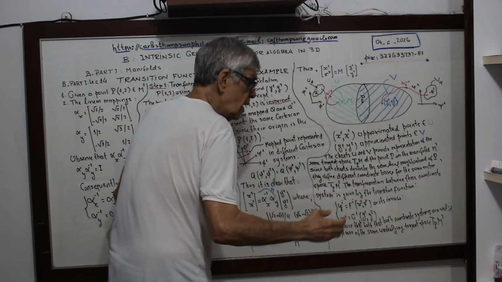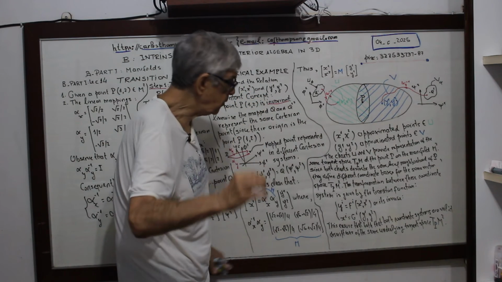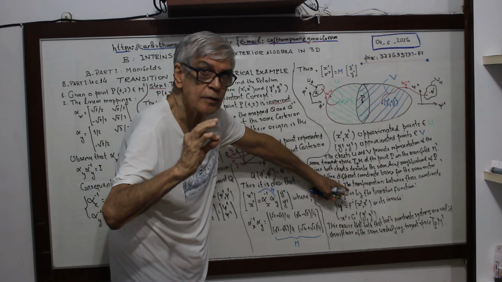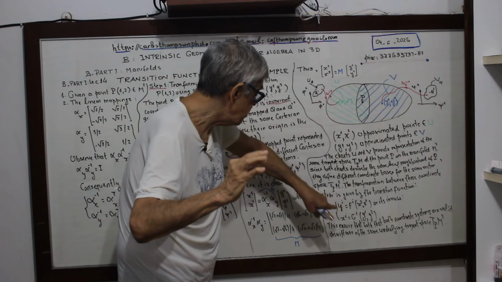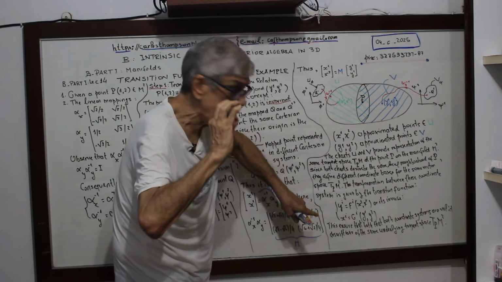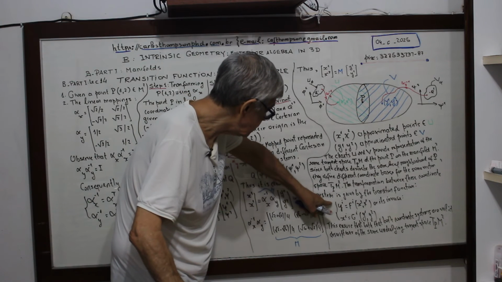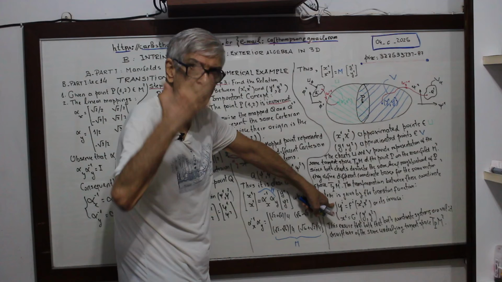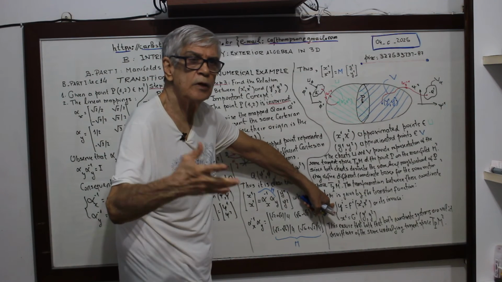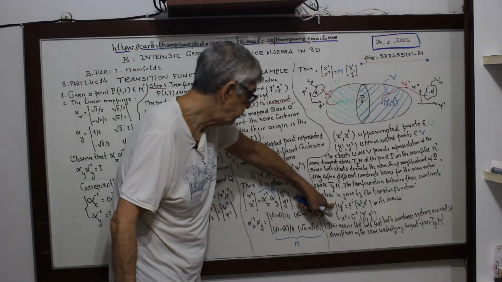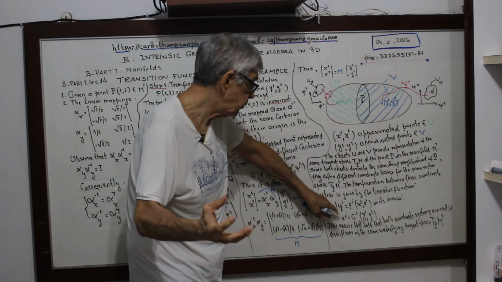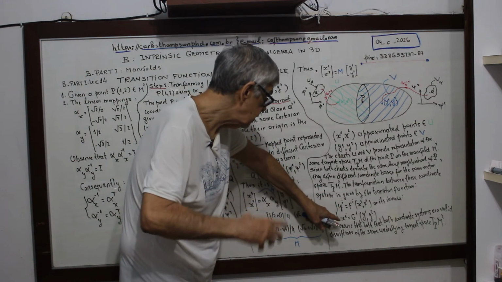f sub i takes a point here, an approximated point, okay, and transforms it to the same point using the base y upper i, 1, 2, 3, or in this case 1 and 2. Now, g sub i is just the inverse mapping, okay?